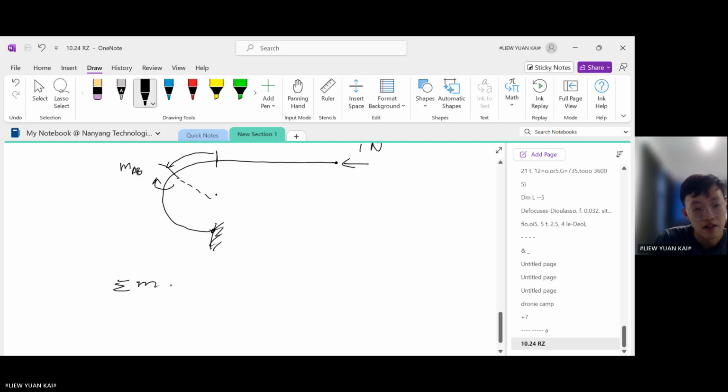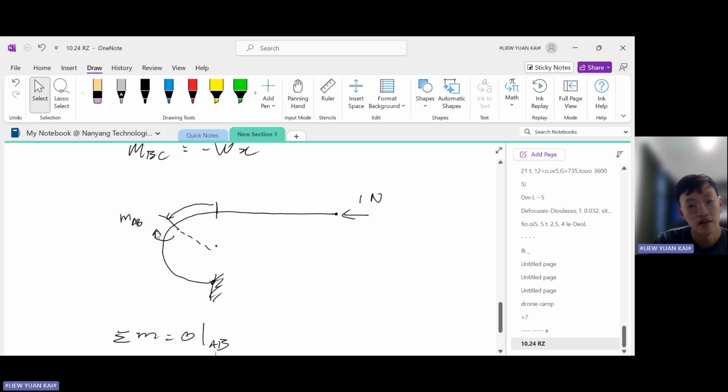So the virtual moments for the member AB is equal to 0. So who is gonna contribute some moment to the member AB? We have mAB itself and this 1 Newton load, right? So what's the moment arm of this 1 Newton load? It will be this distance.